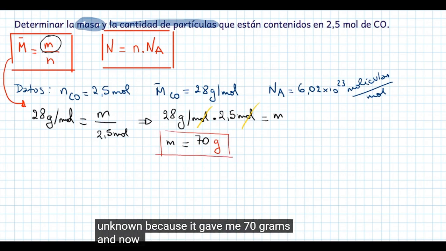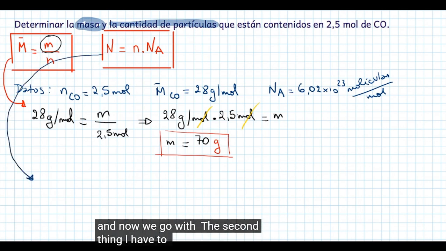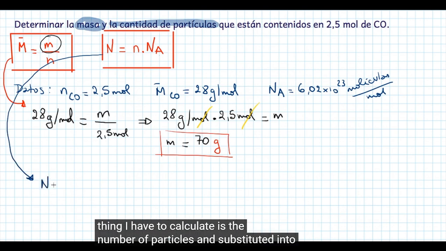And now we go with the second thing I have to calculate, which is the number of particles, and substitute into that equation.